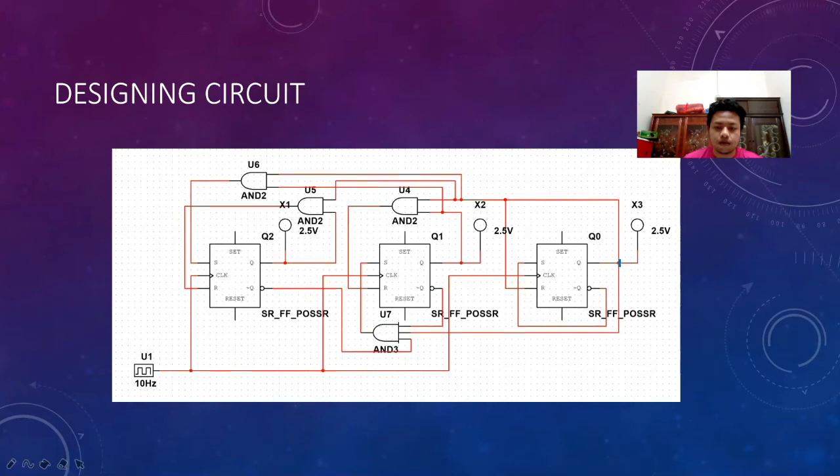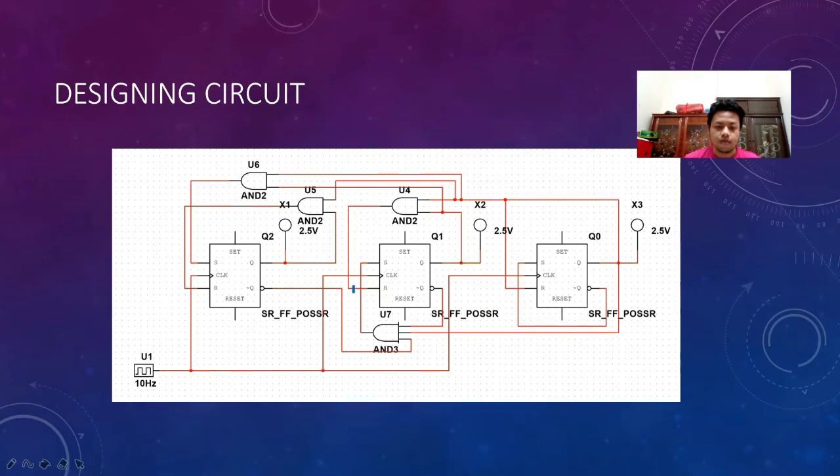We connect from here Q0, because of Q0 times Q1 bar times Q2 bar. And then for R1, which equals Q0 times Q1, we use a 2-input AND gate, so Q0 with Q1.